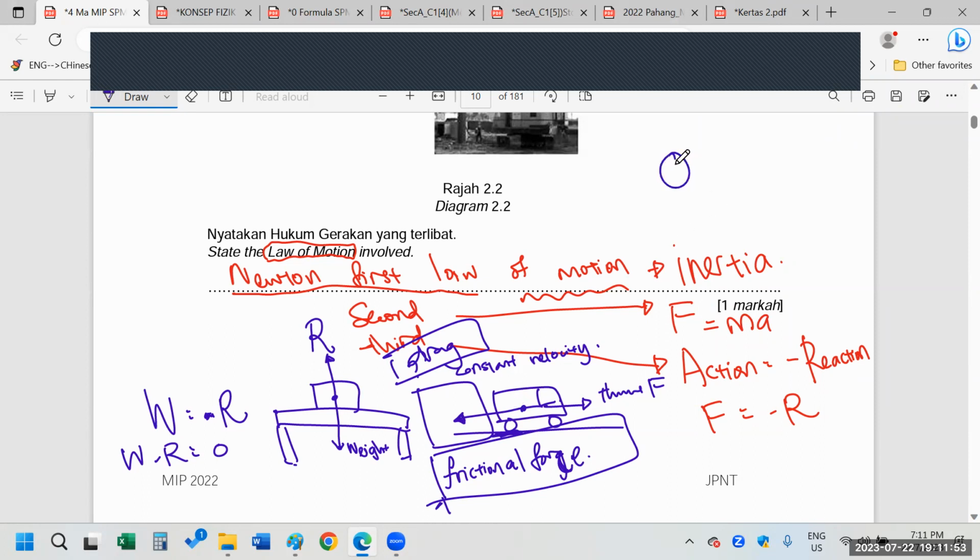For example, a bird is flying. It has thrust force in front. What is the drag force in the air?